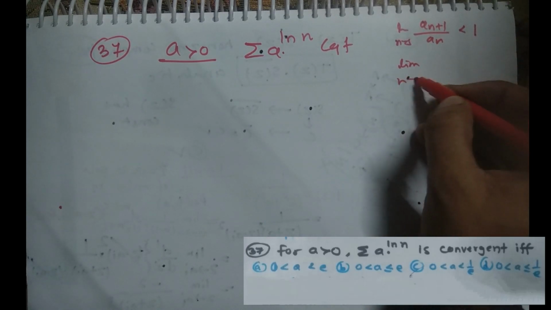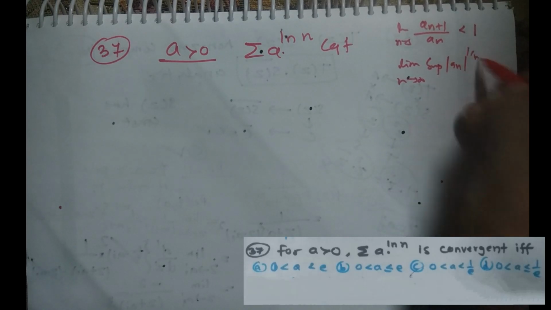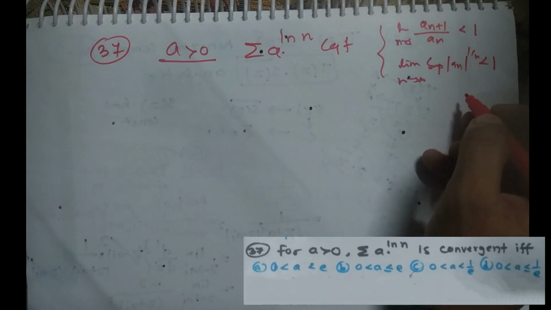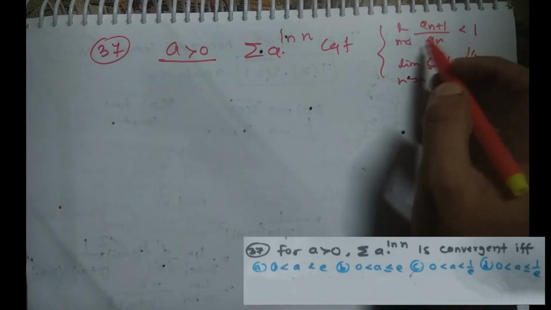There is one more case, limit n tends to infinity, supremum of a_n raised to 1 by n. If this is less than 1, then we say series is convergent. Okay, if both of this doesn't work, then we will go for logarithmic test and condensation test and all. Let's try to do by ratio test.